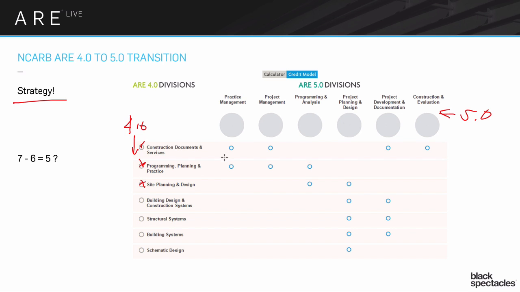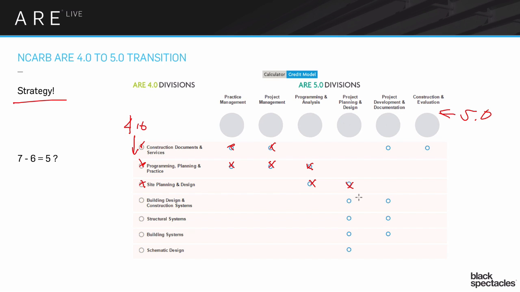And the reason for that is that when you look at how the content areas get mapped out on this matrix, through construction documents and services, I get that. Through programming, planning, and practice, I get that one and that one and that one. Through site planning and design, I get that one and that one.